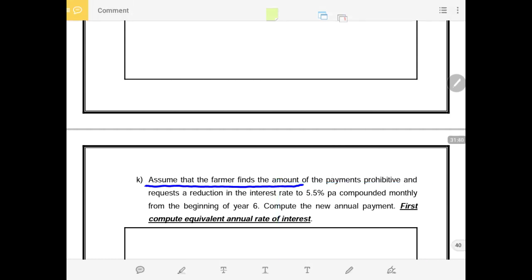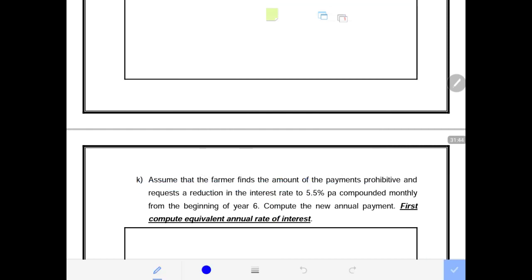Now the farmer is really unable to make the payments, and he requests a reduction on the interest rate to 5.5% per annum compounded monthly. Take note again, the decrease in the interest rate is compounded monthly, but the payments are still per year.